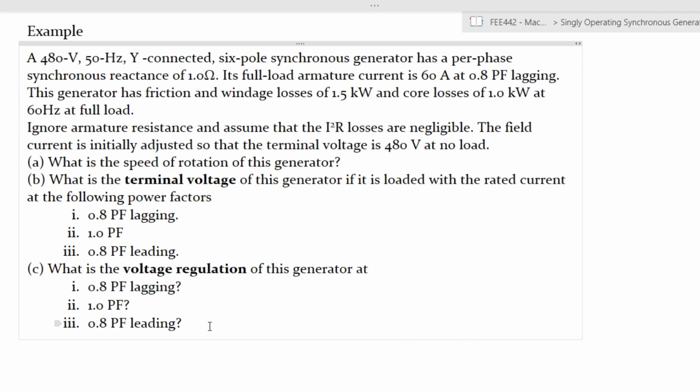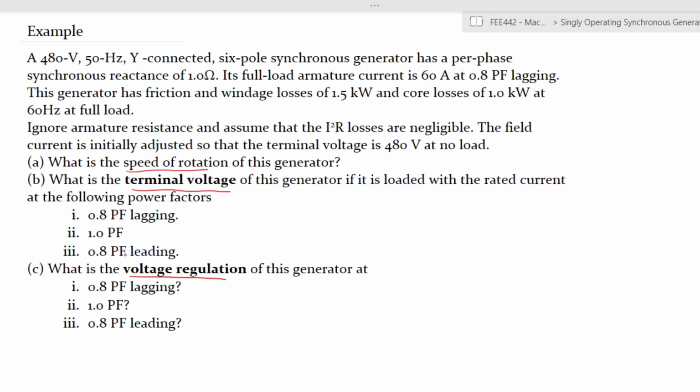So we have a 480 volt, 50 hertz star connected 6-pole synchronous generator, and it has all those characteristics, right? And we want to look at a number of things: speed of rotation, terminal voltage, and voltage regulation at various types of loads: lagging, unity, and leading.